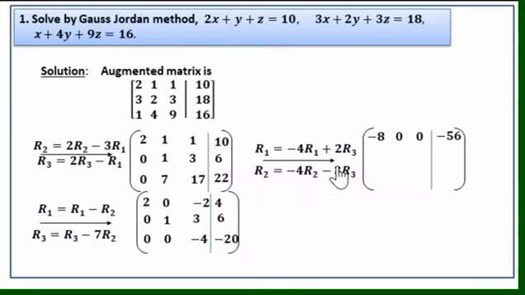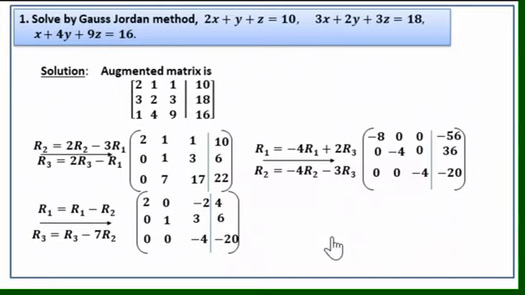Here, take R2: 0 and 0. Minus 4 into 0, minus 3 into 0, 0. Then minus 4 into 1, minus 3 into 0, minus 4. Then minus 4 into 3, minus 3 into minus 4, 0. Then minus 4 into 6, minus 3 into minus 20, it is 36. Then no changes in the third row, write it as it is.